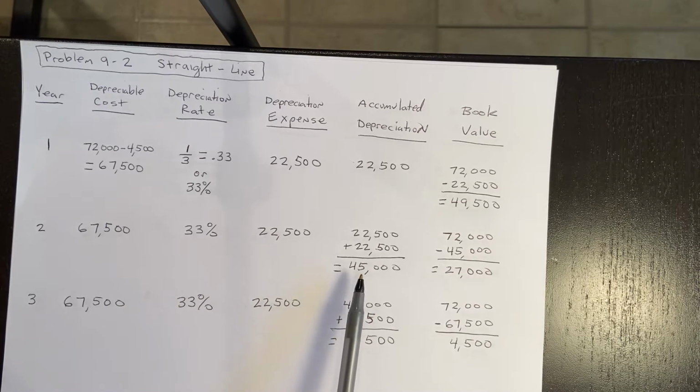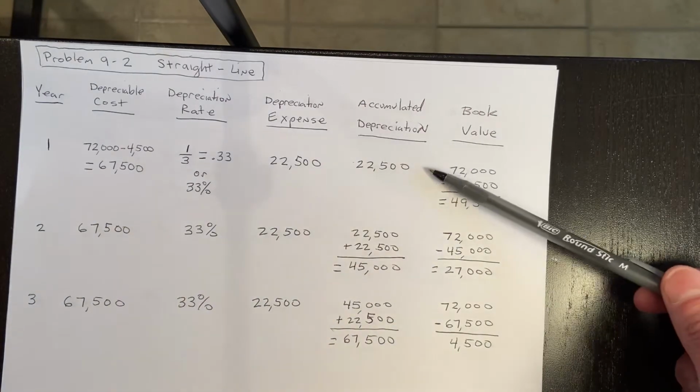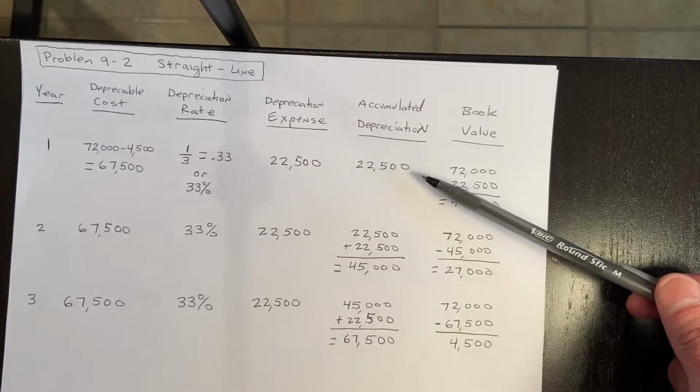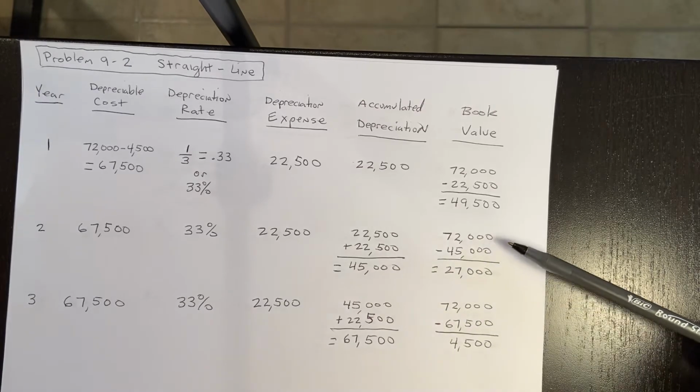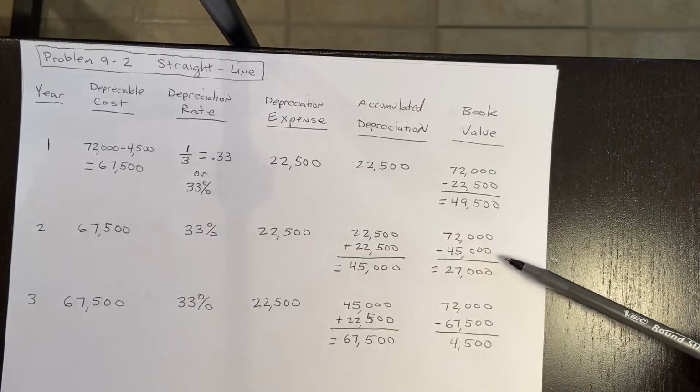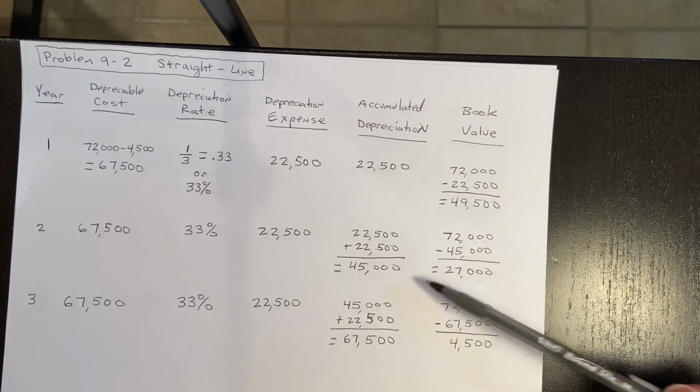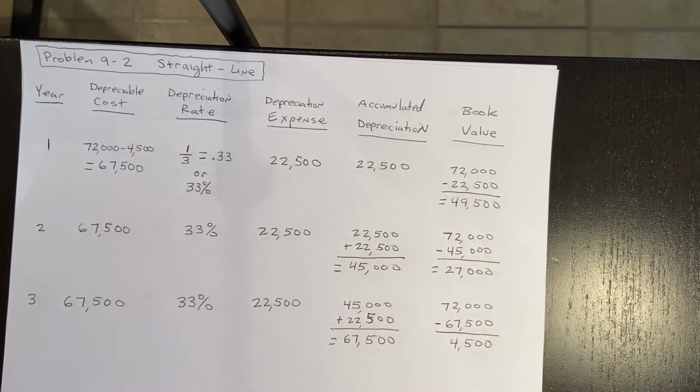This changes. Why? Because you had 22,500 in the year before, and now you added another year, so you have a total of 45,000. Book value is the 72,000 of cost minus the 45,000, which gives you 27,000.